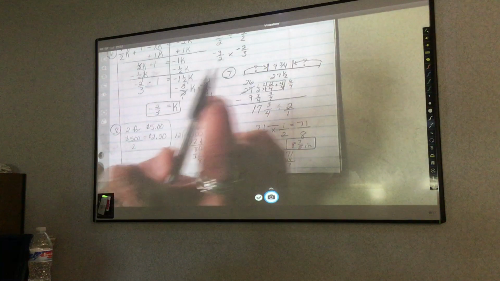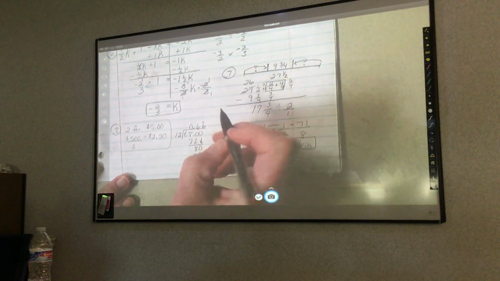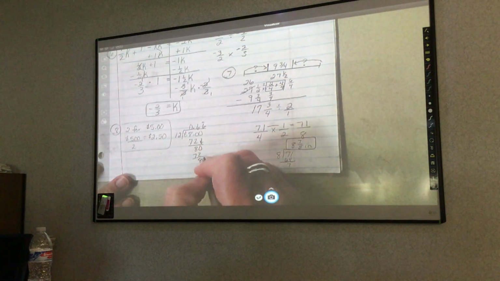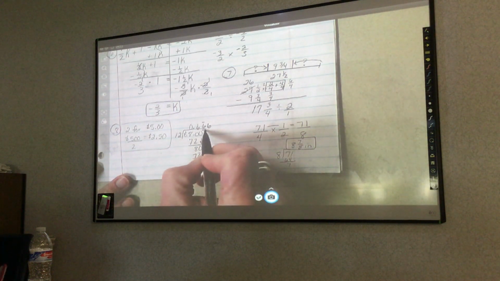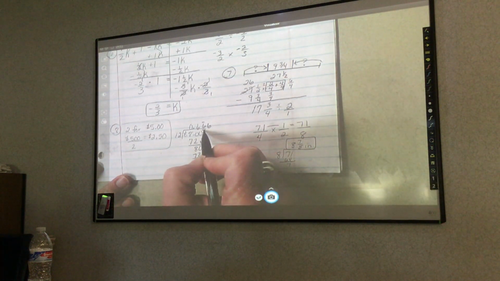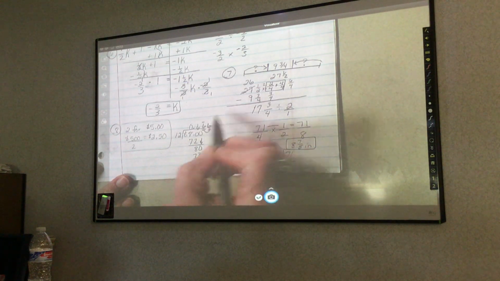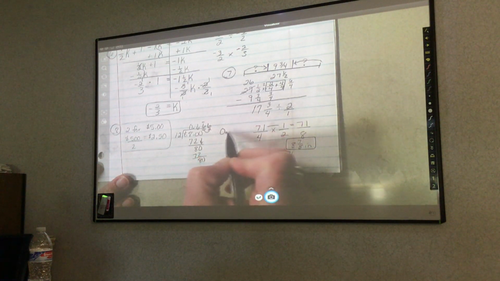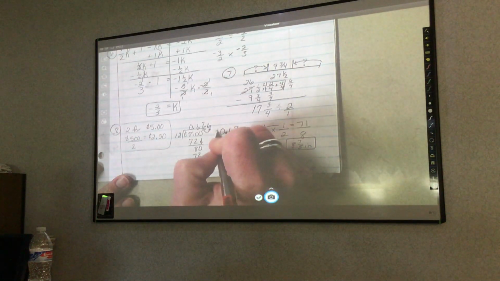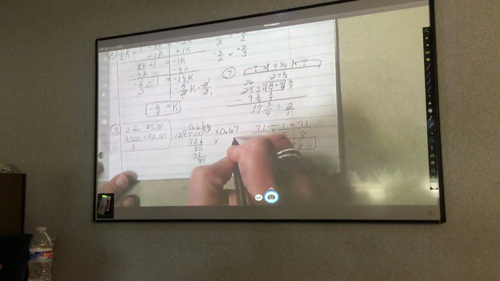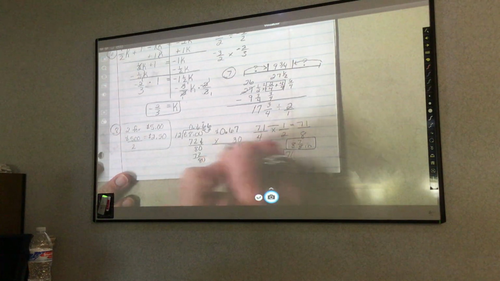But we're talking money here, so you really want to go one more, and then you're going to round to the nearest hundredth. So I'm going to underline the 6, arrow to the right, so it's really about 67 cents. Now I need to buy 30 of those, so I'm going to take that times 30.